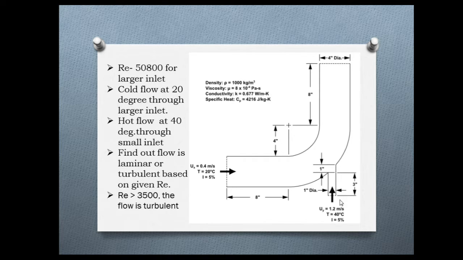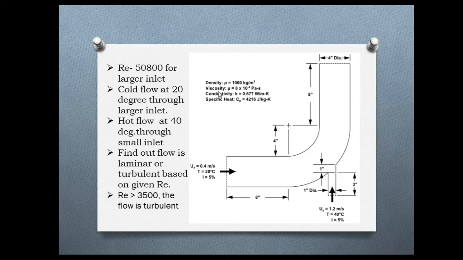For the smaller inlet we have 1.2 meter per second, temperature is 40 degrees Celsius, and intensity is 5%. So from the smaller inlet the hot water will flow, and from the larger the cold water will flow.